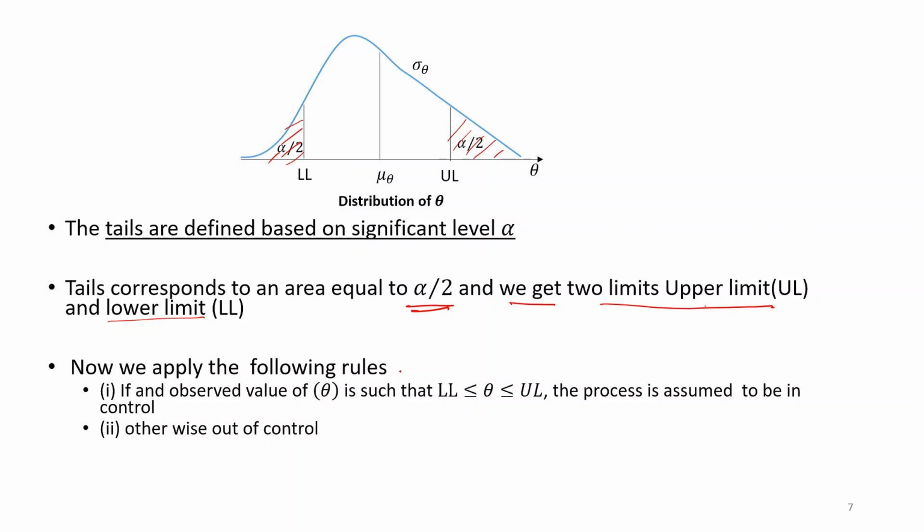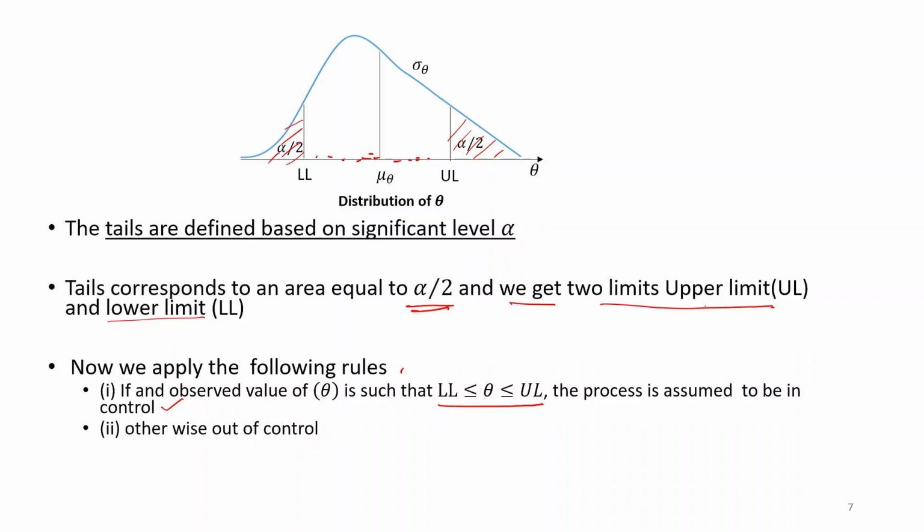Now we apply the following rules. If an observed value of theta lies between the upper limit and lower limit, UL and LL, the process is assumed to be under control. As I said, if the value of theta lies here, then we say the process is under control.